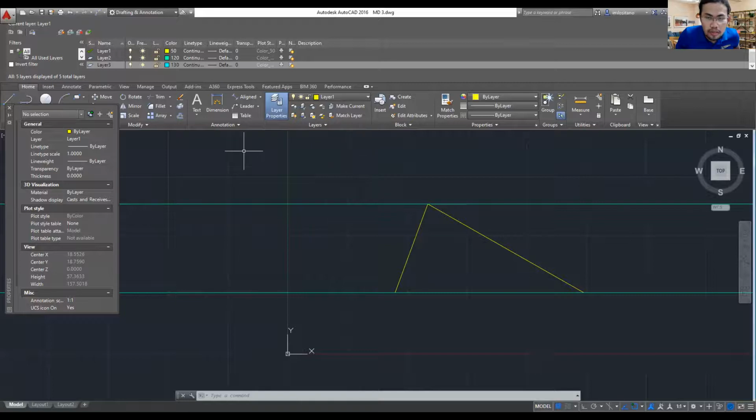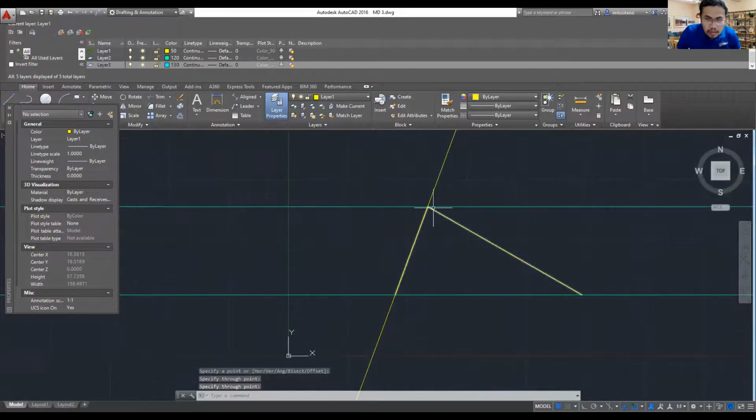Let's create a line along this line, and we rotate that by 90 degrees. Sorry, base point, 90 degrees.